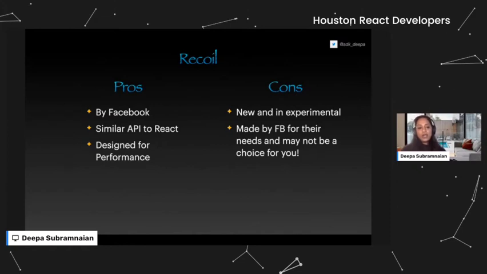However, it's new and still an experiment. I have researched on this, and I did not find any company using Recoil. And it's made for Facebook, so it is made for their specific internal needs, and it may or may not be your choice.